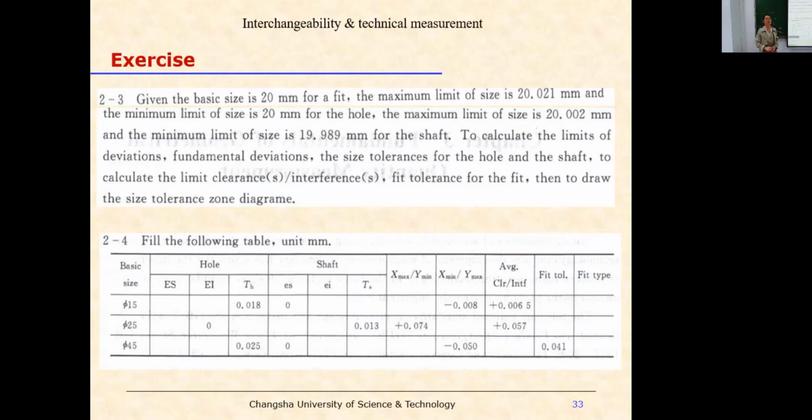So this is the ES, EI balance. Sorry, EI balance, not ES. It is the class balance value.